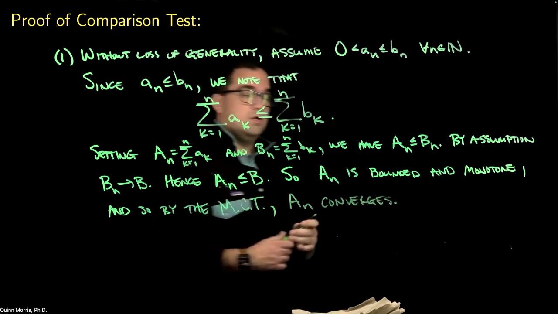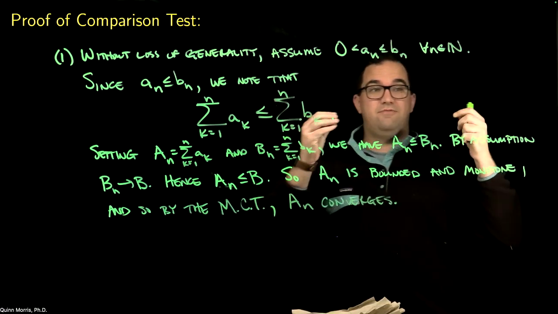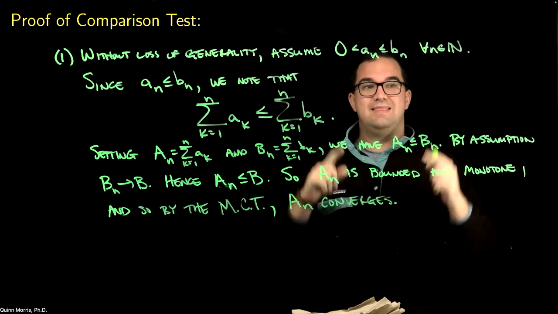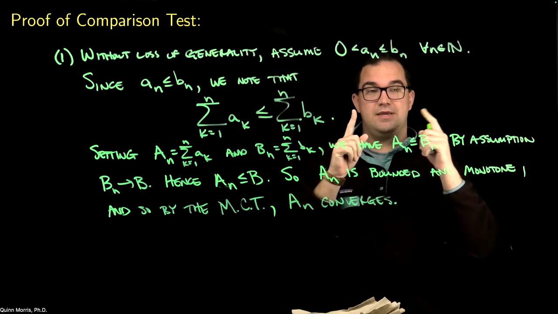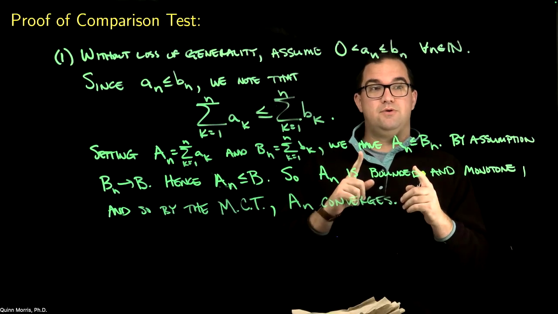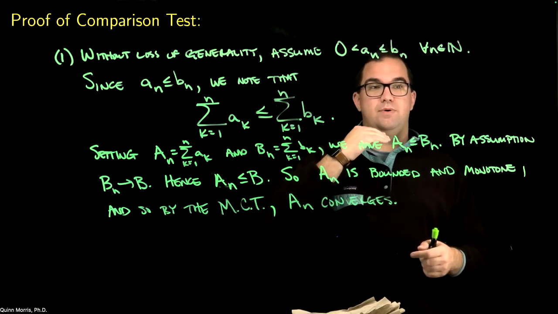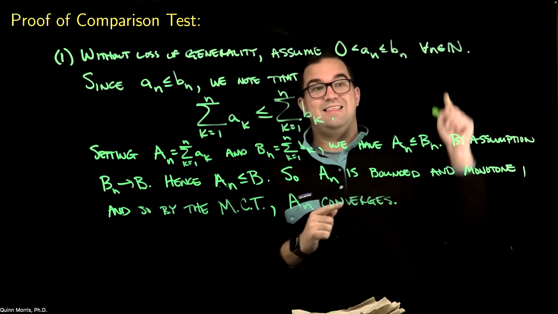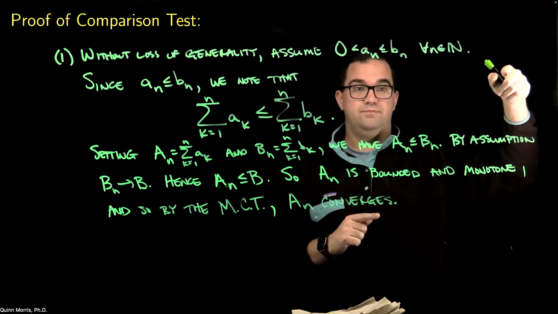Okay. So the idea here for the comparison test is when you have a series of positive terms, then the sequence of partial sums that results from that series is a monotone sequence. So here I'm able to get convergence just by showing it must be bounded above by something. The thing it has to be bounded above by is the thing that the series BK is converging to.